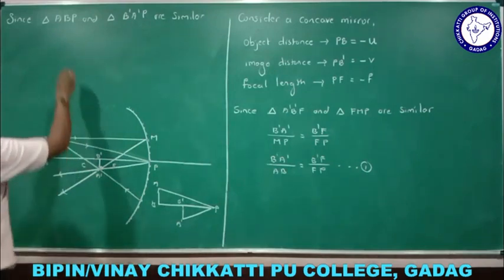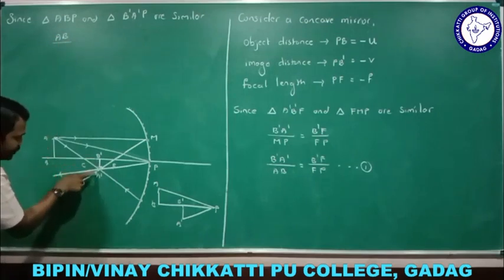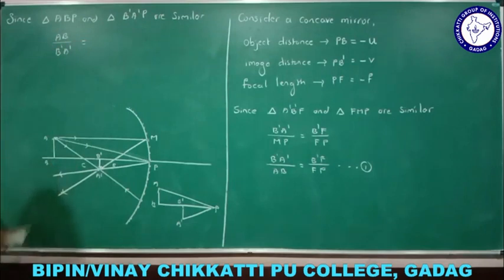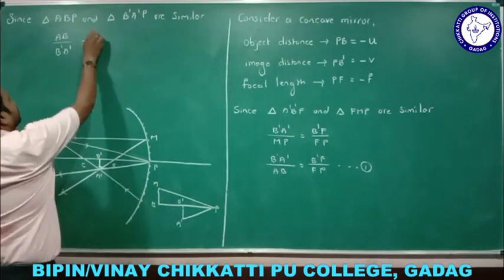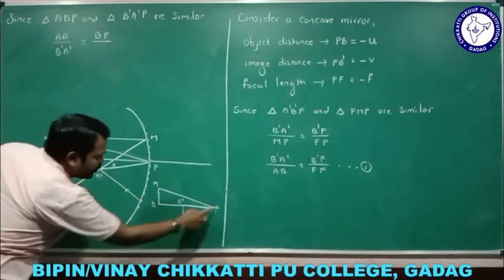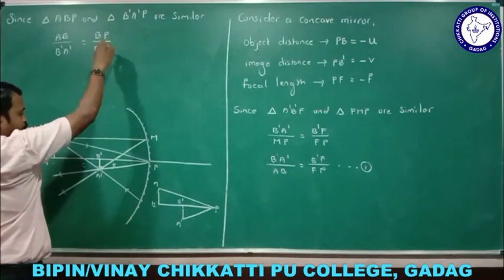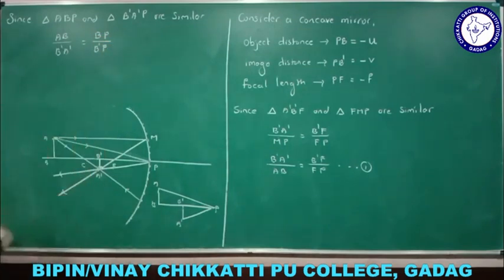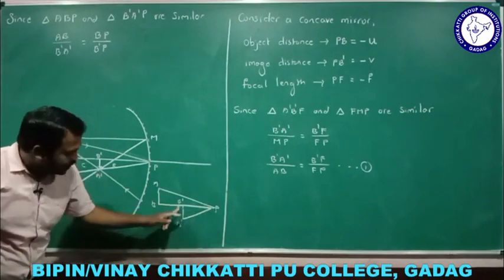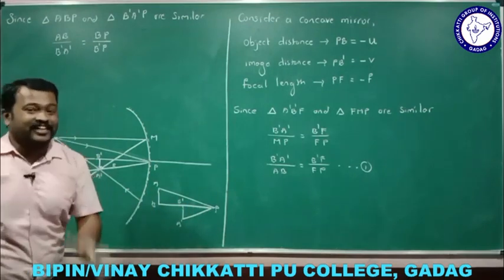Ratio of AB: AB divided by the corresponding side of AB, which is B dash A dash, that is equal to BP divided by its corresponding side, B dash P. BP and B dash P are corresponding sides, right?